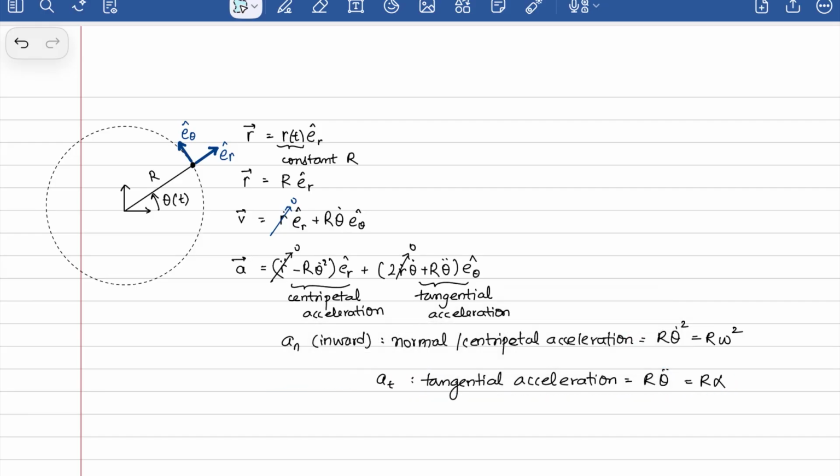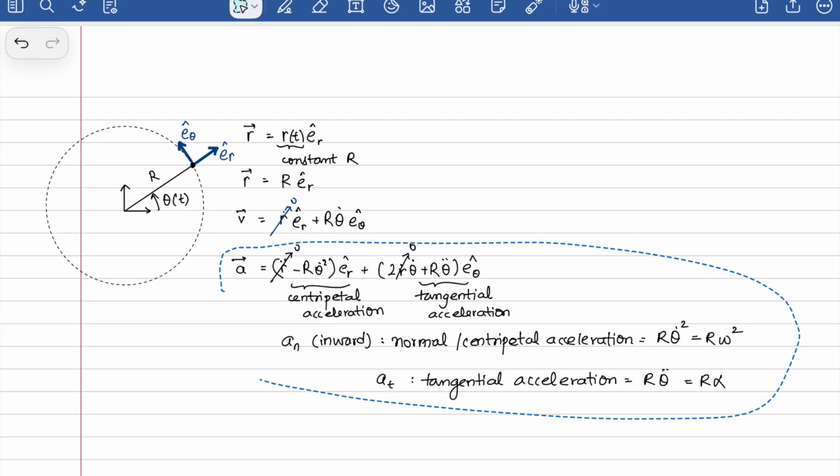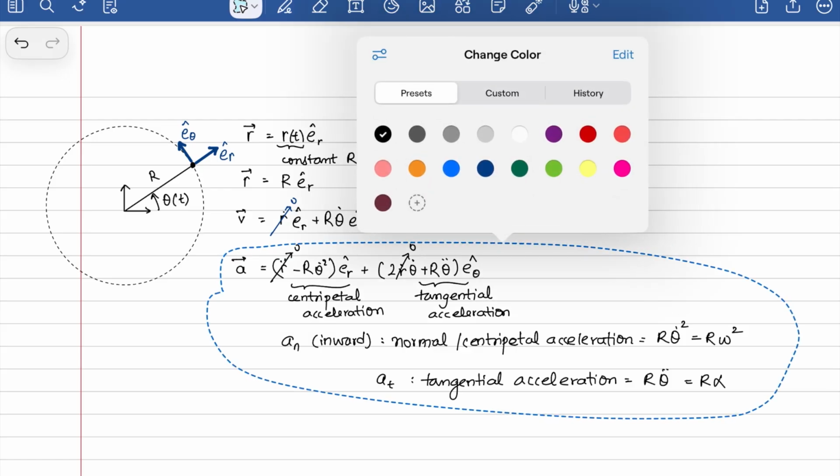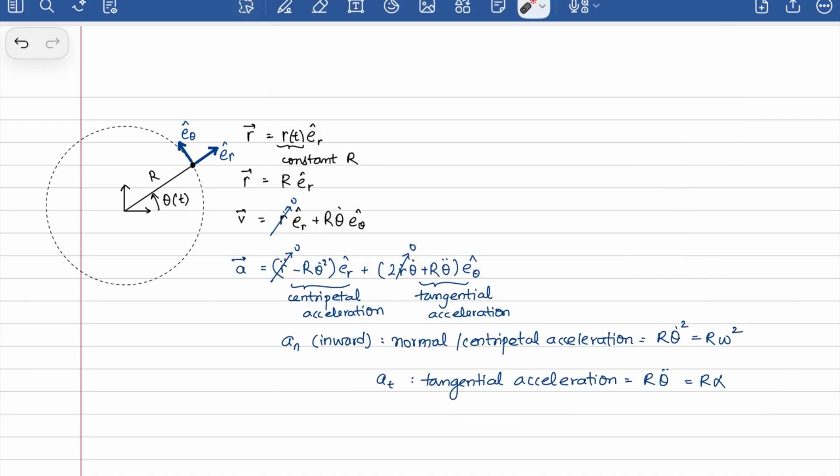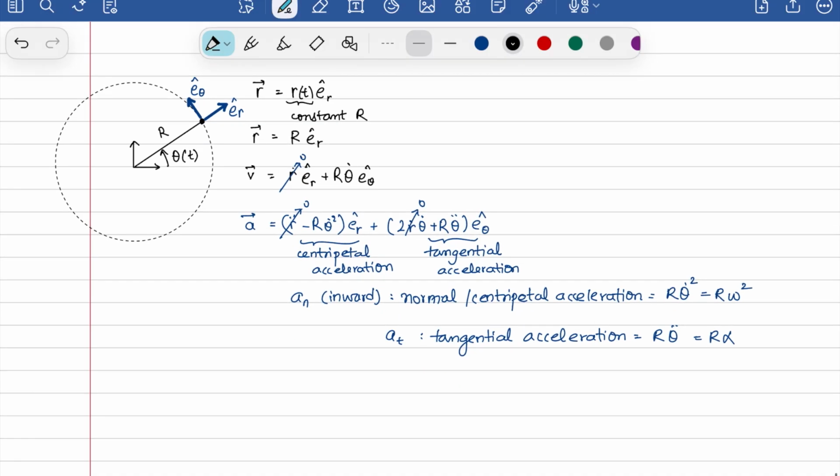So all of this here is related to the acceleration, and this here is related to the velocity. So if I were to now write down the magnitude of velocity, or the speed, I'm defining it as v, not the vector, the scalar v is equal to R theta dot, or R omega.